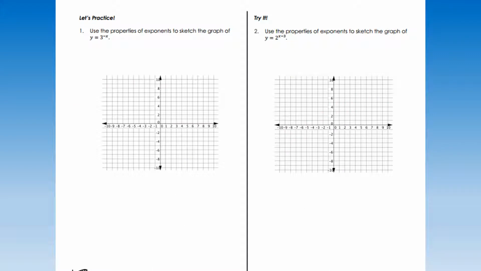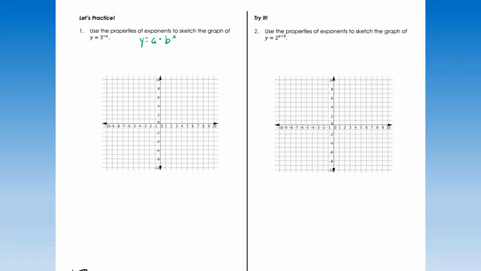All right, let's try another one. Using the properties of exponents, we want to rewrite y equals 3 to the negative x so that it's in our form of y equals a times b to the x power. Right? So let's think about what negative x means.